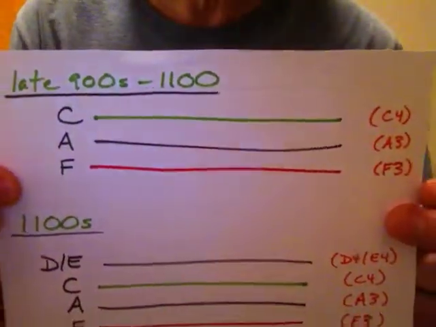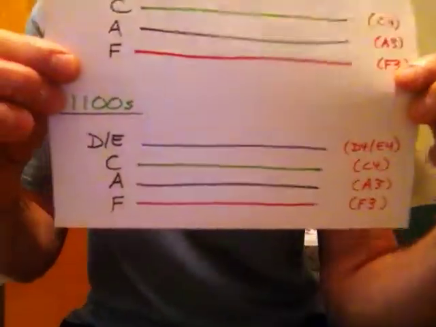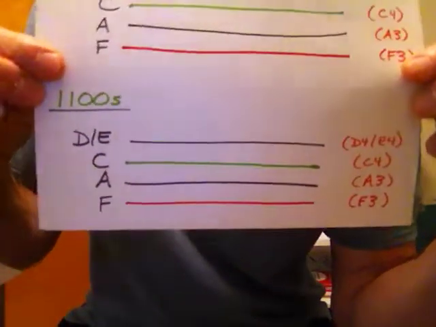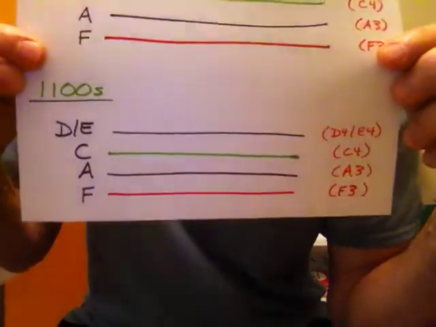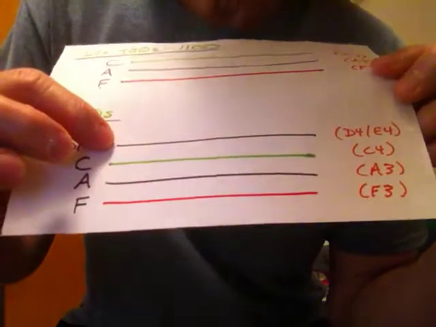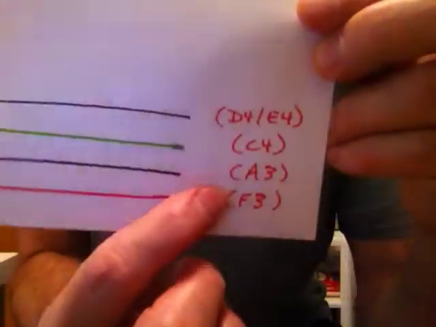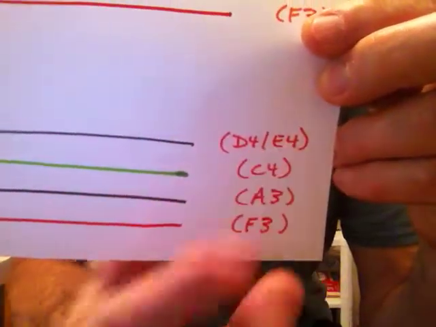Then in the 1100s, somebody came along and said, let's add another line, and the note written on that line, that's a black line, will denote either a D or an E, that would be a D4 or an E4.